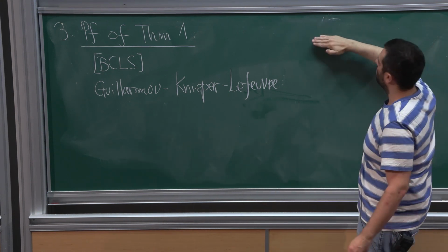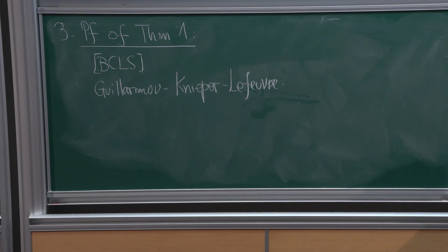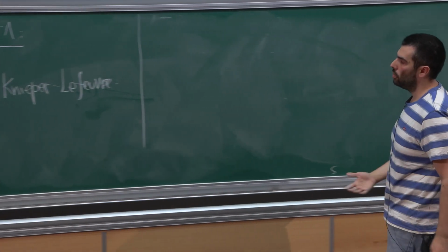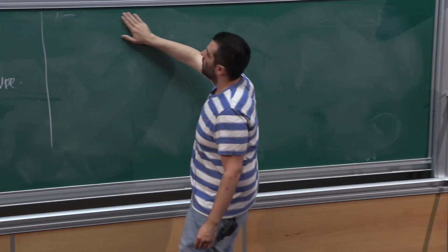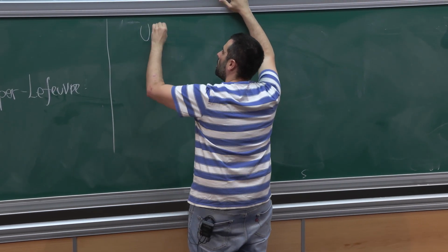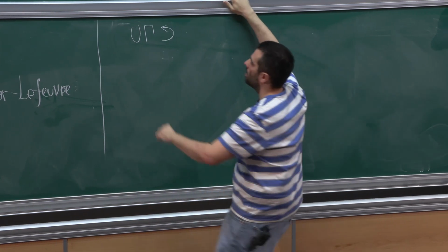And I wanted to tell you how this statement really fits into the formalism developed by BCLS. So what do you do? You consider a flow. We consider this flow space, which we already saw many times, appearing here. It's the geodesic flow of gamma.